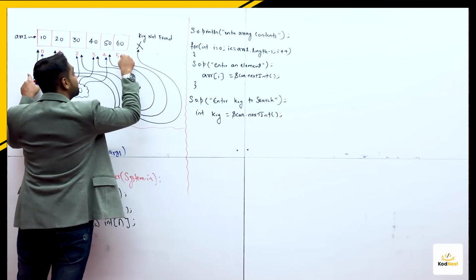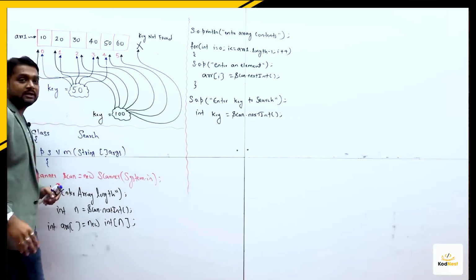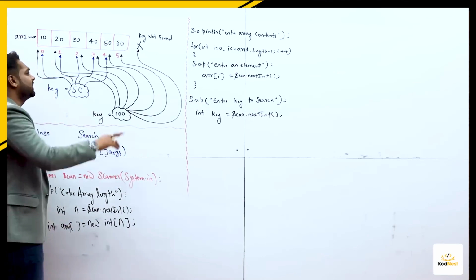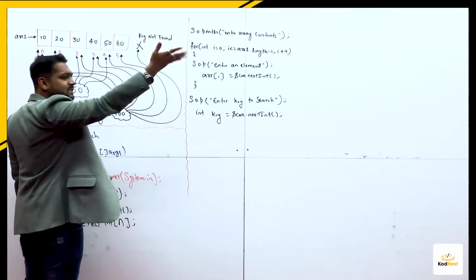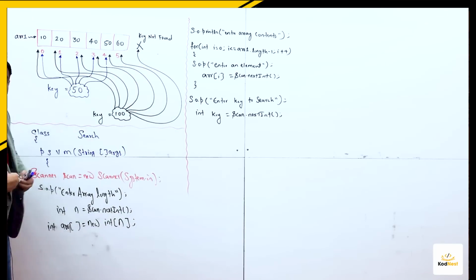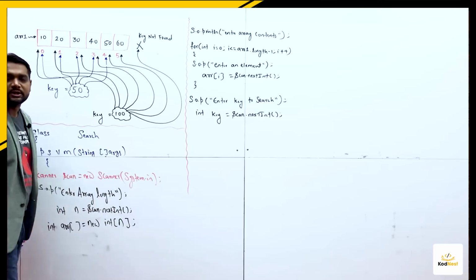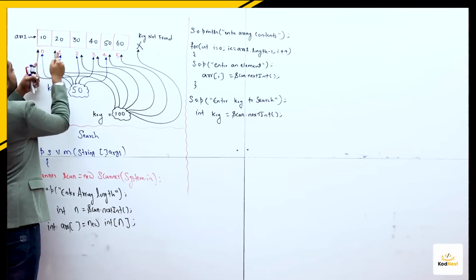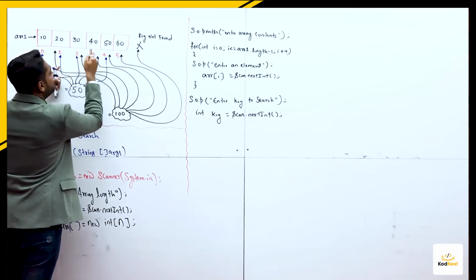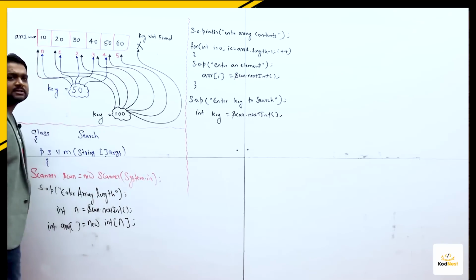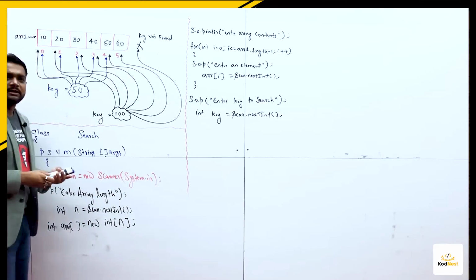Until the end. Well, what if you cross the end? That is the next issue. But until the end, every time you have to go ahead and search, ahead and search.